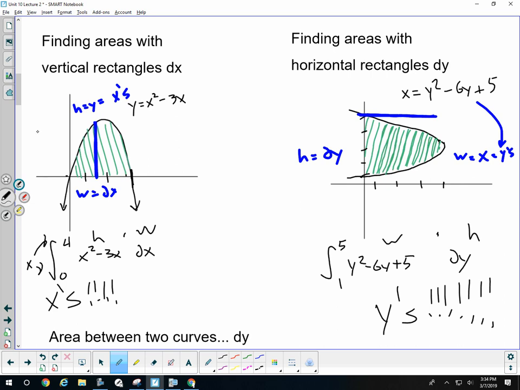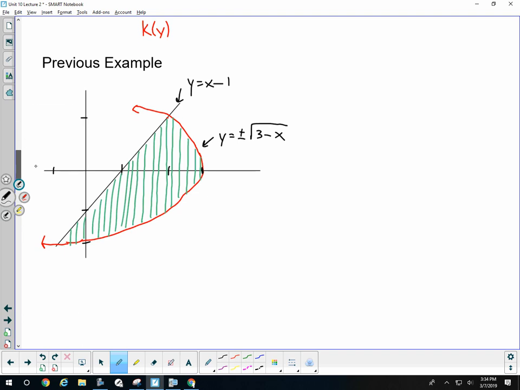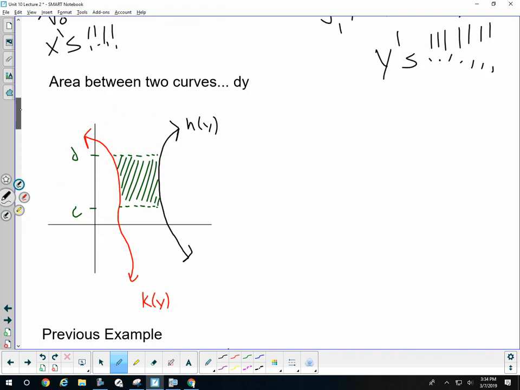So let's go back to my previous example. Actually, before I go to my previous example, we will use stuff that is similar to top minus bottom with horizontal rectangles.